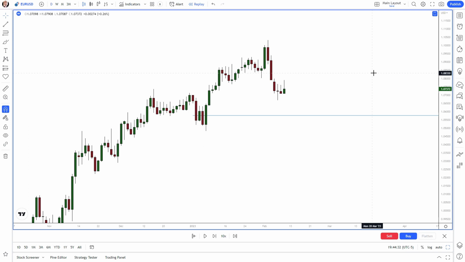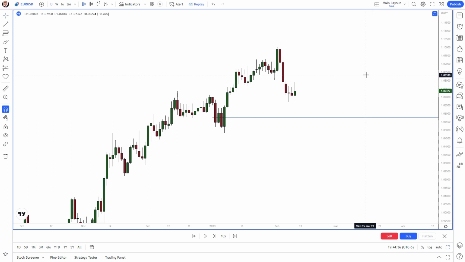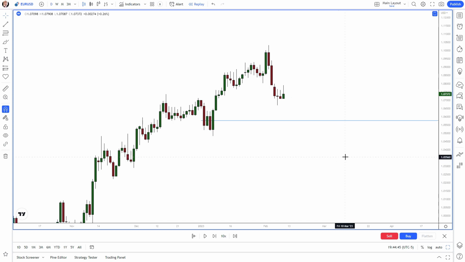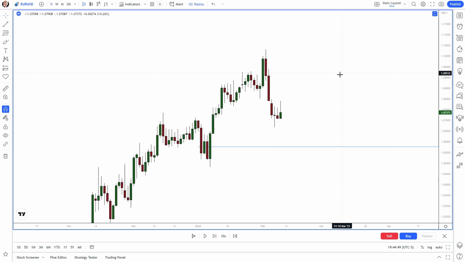It takes practice, a lot of observation, and an understanding of price action and price movements and how the market reacts to certain things. But all that aside, I'm going to show you the reason why I was getting into this trade recently.